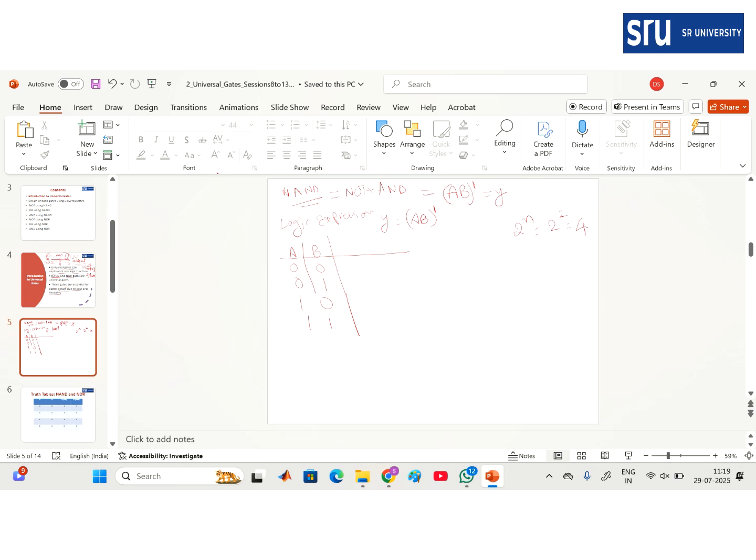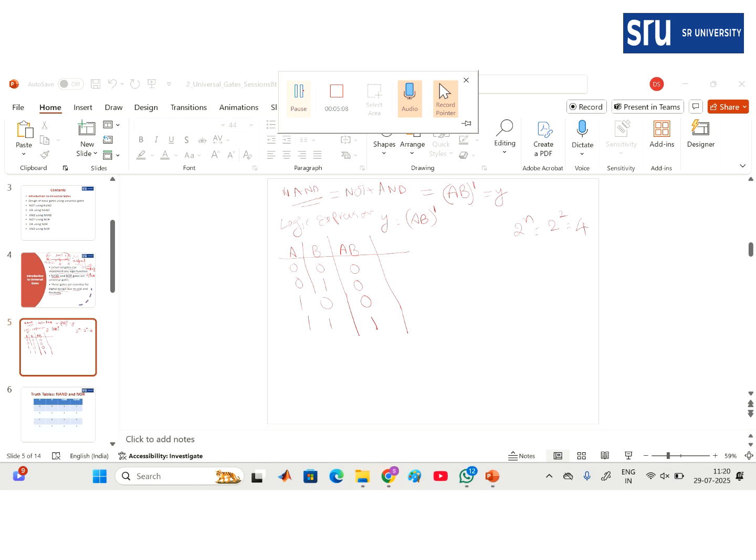Now the AND gate operation for these inputs: 0 0 gives 0, 0 1 gives 0, 1 0 gives 0, and 1 1 gives 1. Now we take the complement of this, that is AB whole bar.